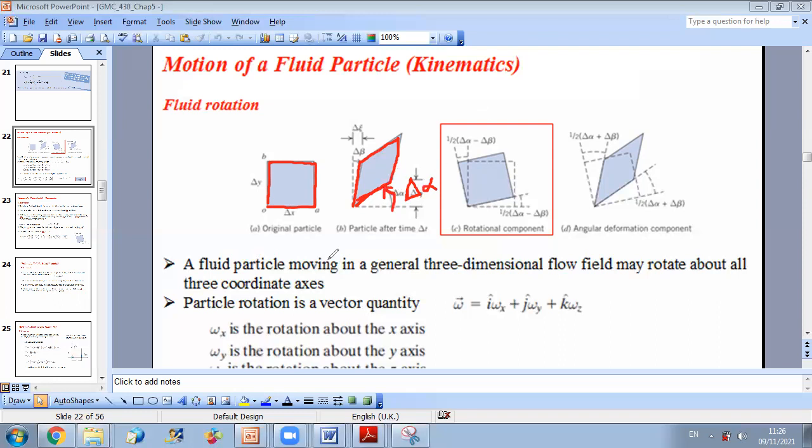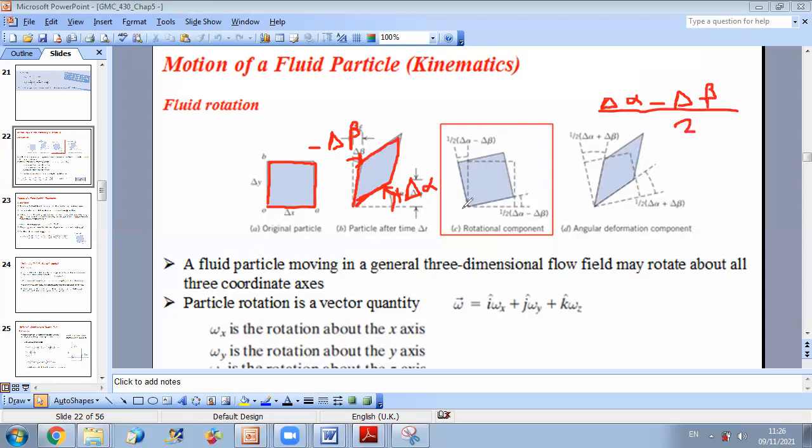So this side is rotating plus delta alpha, and this side is rotating minus delta beta. Because we have different values, to take an average value of rotation for the body, we take the average between the two, which is delta alpha minus delta beta over 2. So this is the average rotation of the body, the rotational component of the body.